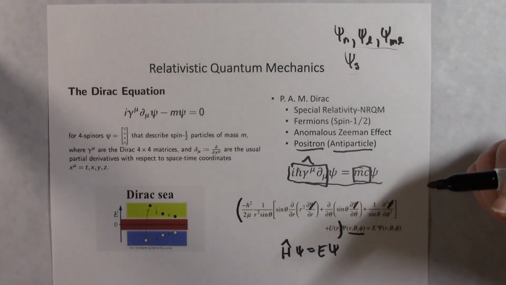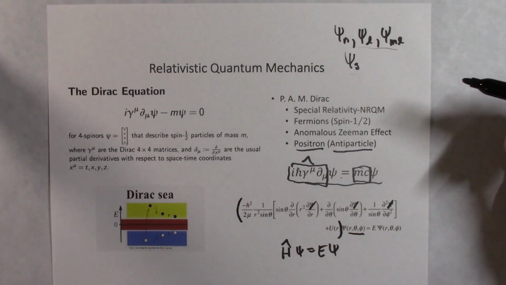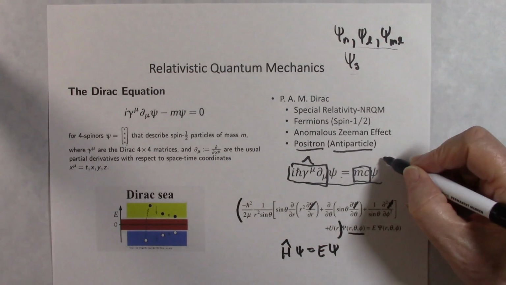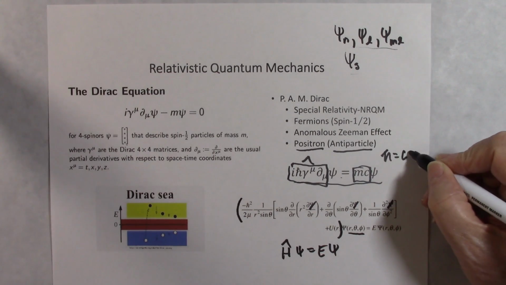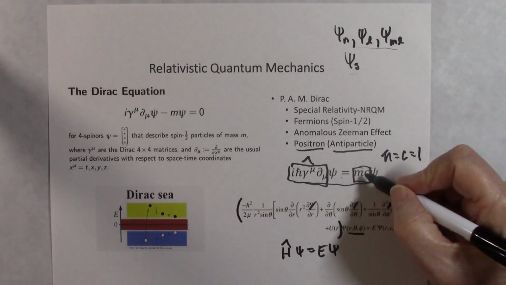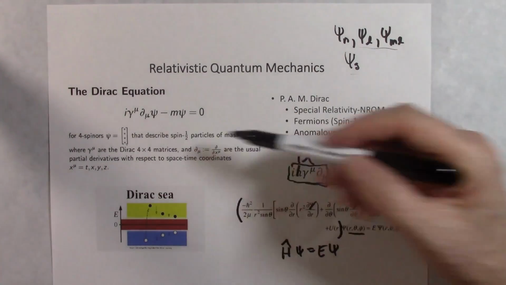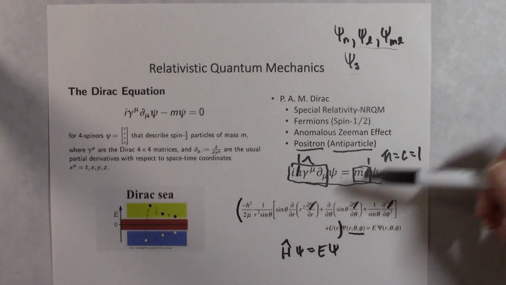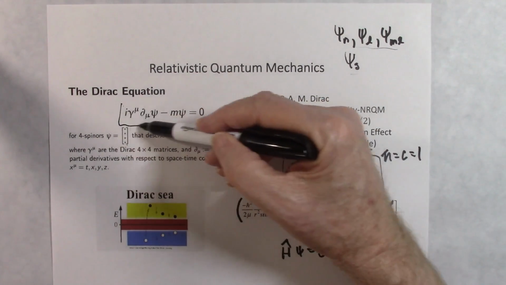It's kind of got the same form. By the way, this equation and this equation are the same. I'll show you why. It's customary to set h bar equal to c equal to 1. So if this is equal to 1, and this is equal to 1, and you look over here and move this over to this side of the equation, this equation is exactly the same as that equation.